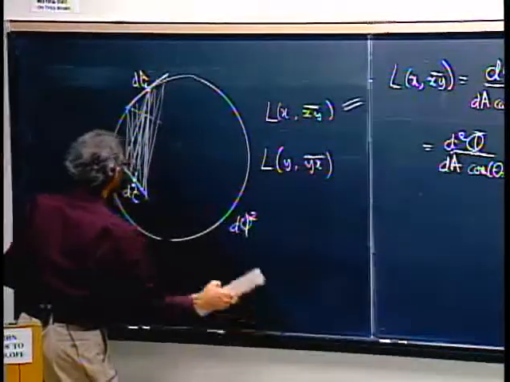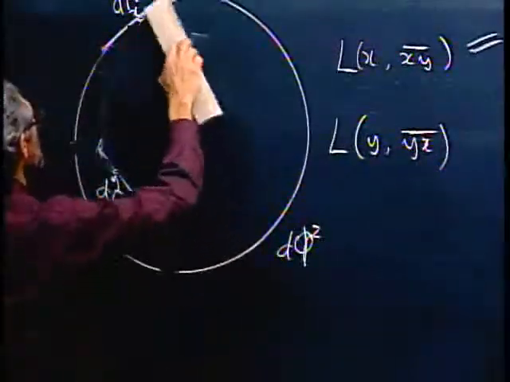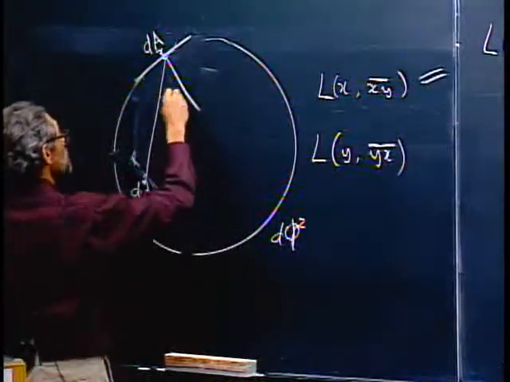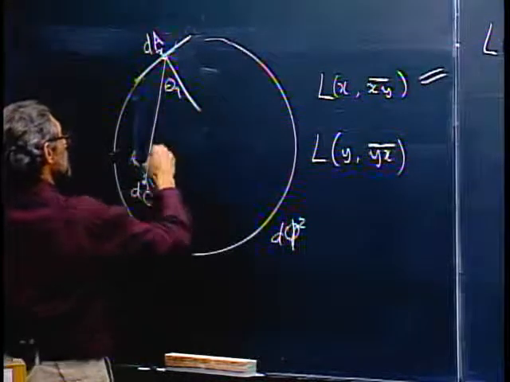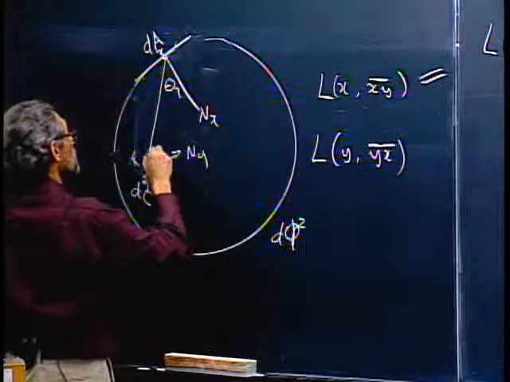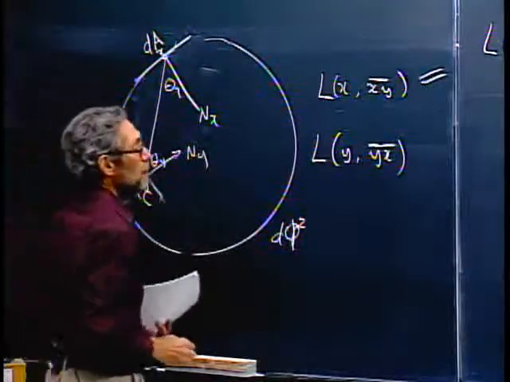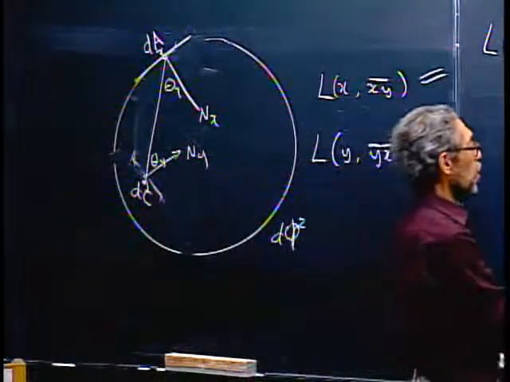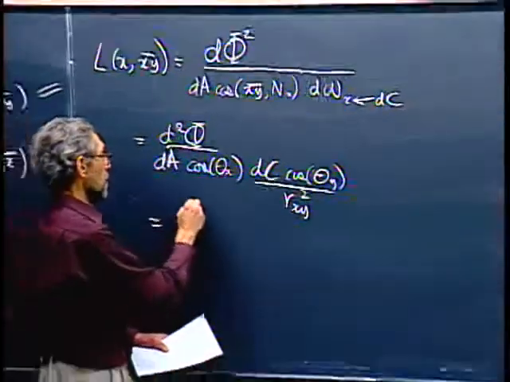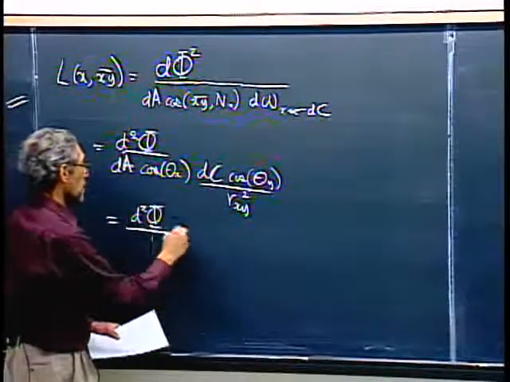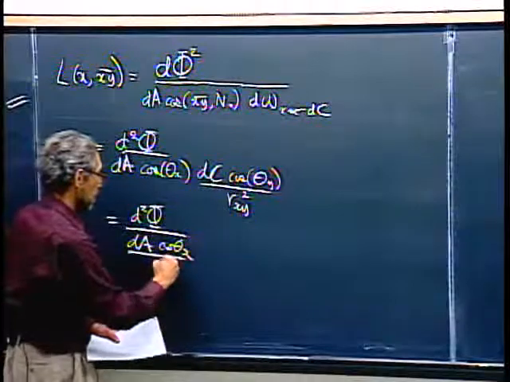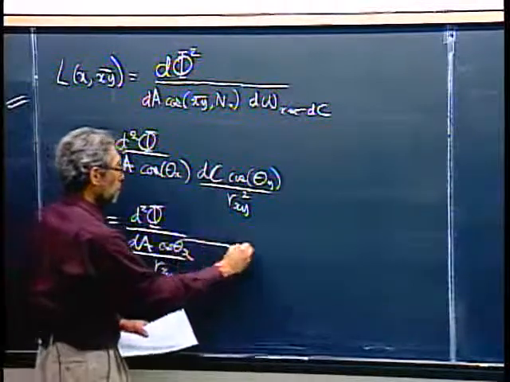I've got my picture sort of filled up now. Let me take away the lines and draw. Here's the ray for the direction from x to y. This is theta x. And if this is the normal, this is n_x, this is n_y, this one is theta y. All I have to do is move the r_xy to the other side and put it under the dA cosine theta x, because they're all being multiplied together.